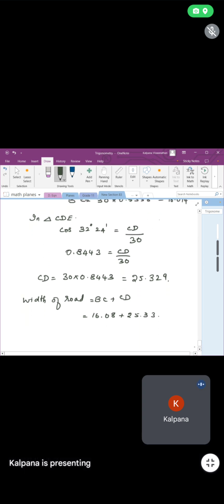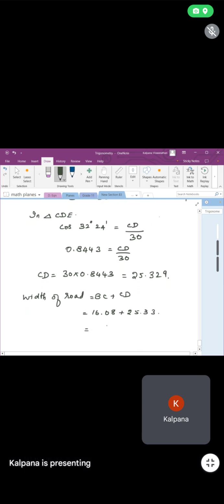So that will give us the final answer. Miss, I got 41.403. So you have taken all the 3 digits? Yes, Miss. Okay. That's not a problem. You can take 3 digits or you can round it off.